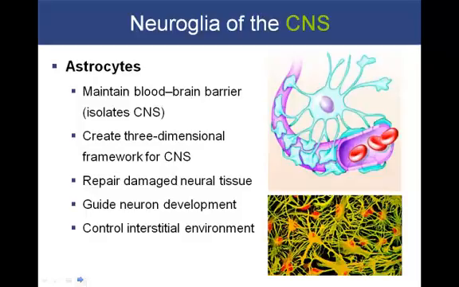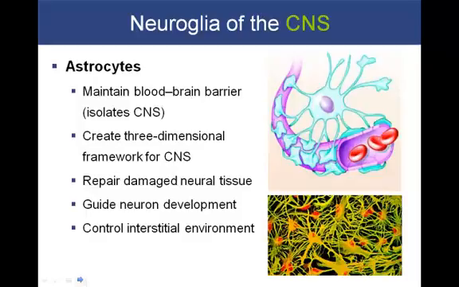Astrocytes help maintain the blood-brain barrier, which isolates the central nervous system from the bloodstream. This is relatively important because various compounds dissolved in blood need to be separated from the nervous system.